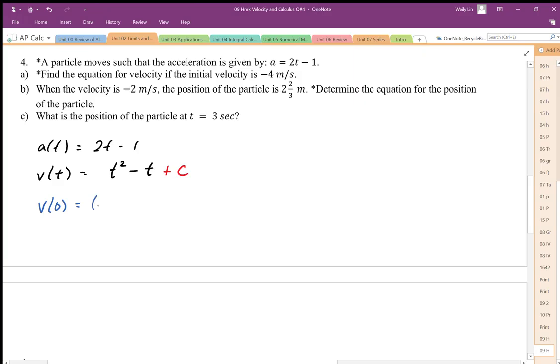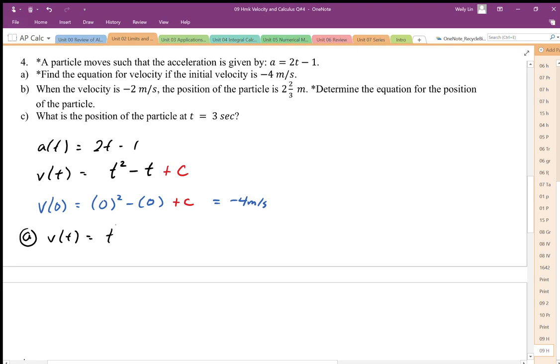It would be 0 squared minus 0, I have my plus c, and that would be equal to -4 meters per second. Well, that means that constant value must have been -4 meters per second.